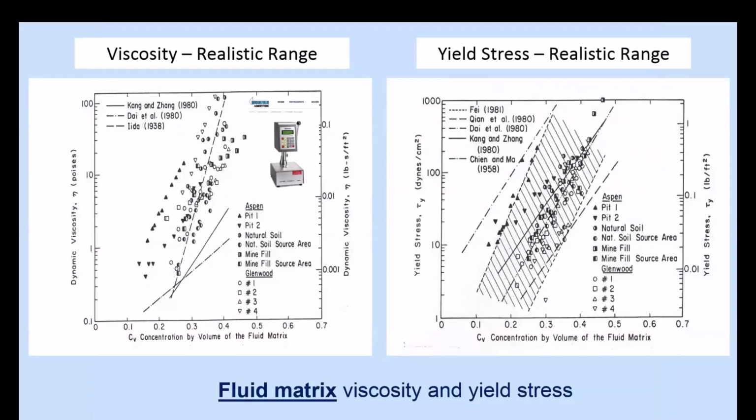So what I encourage you to do if you're trying to calibrate, don't calibrate on just the basis of a laminar flow event. This is going to be the range of reasonable data for viscosity and a reasonable range of the yield stress as a function of concentration. And this is of the fluid matrix.